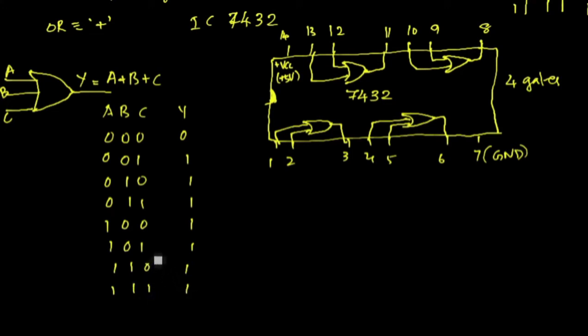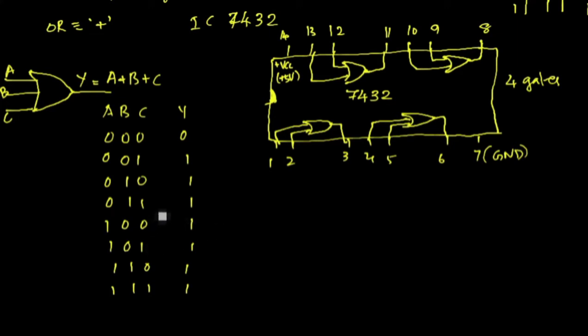So for a 3 input OR gate, the output Y is 0 only when all the inputs A, B, C are 0. And for all other combinations of A, B, C, the output Y is high.